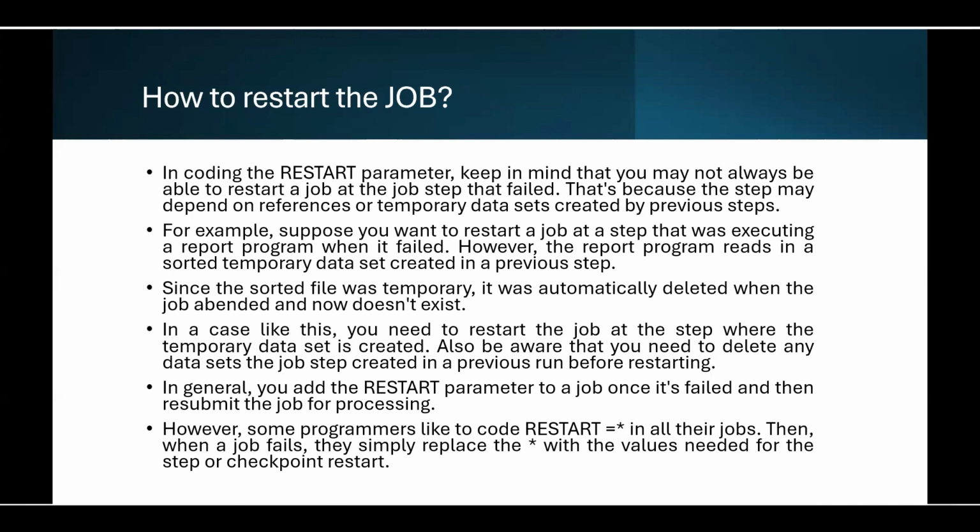But I suggest it is a very good practice that whenever your job has some issue, you write restart equals whatever the step name is. That is what I used to follow: whenever I have an issue with the program, I write restart equals the step name. But some programmers like to code restart equals star, and whenever they want to change it, they just change it to their particular step.